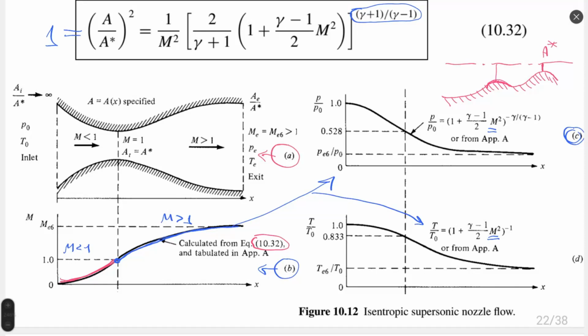Checkpoints for your calculation: there are several. On the subsonic part of the nozzle, we have a pressure ratio always bigger than 0.528. Approximately 0.528 is the limit of the pressure ratio.